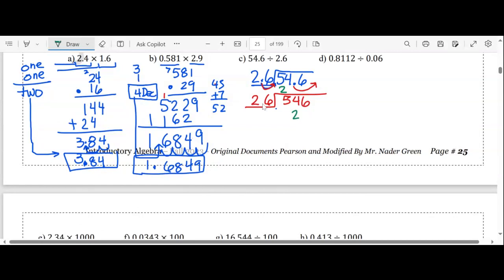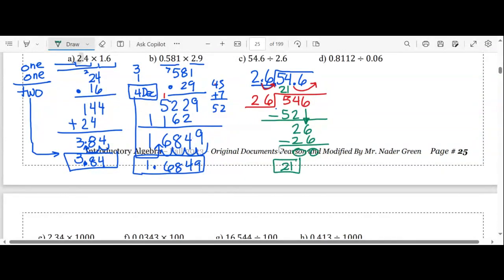Carry 1. 2 times 2? 4. Plus 1? 5. And then you do what? Subtraction. When you subtract, you get 2 and you bring down the 6. Now 26 divided by 26? 1. You put 1 here. 1 times 26? 26. Subtract. You get what? 0. So your final answer is what? 21. Is this clear?